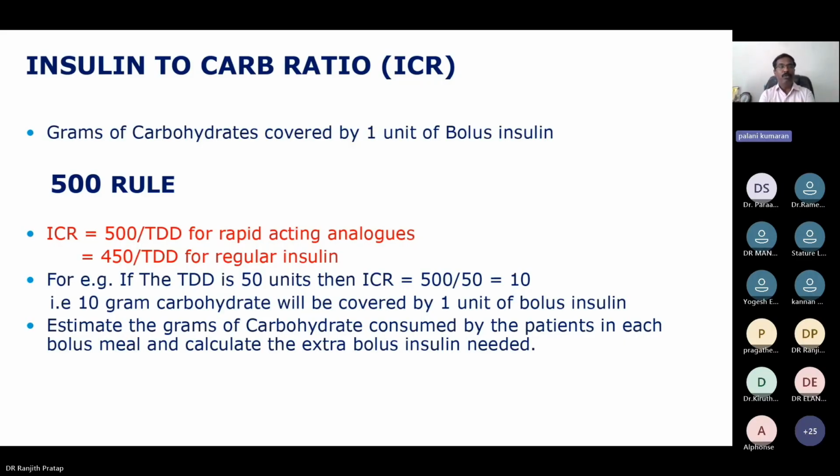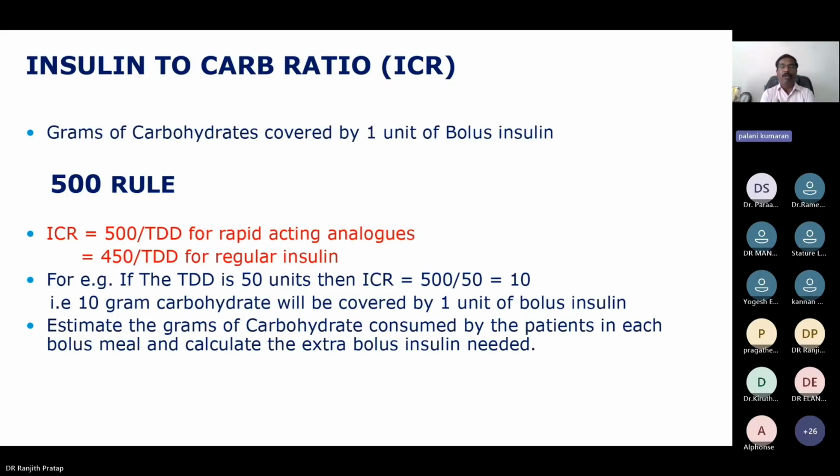Suppose an inpatient with type 1 diabetes is already on a basal bolus regimen, on regular insulin 8 units TDS and NPH 12 units at night. Suppose the patient is still not achieving good glycemic control even after the correctional dose. Then we have to adjust the bolus insulin with the carbohydrate ratio.